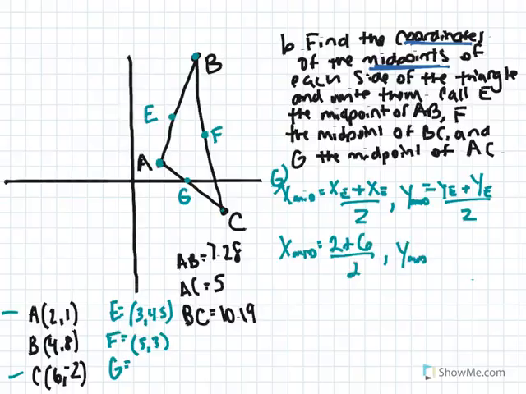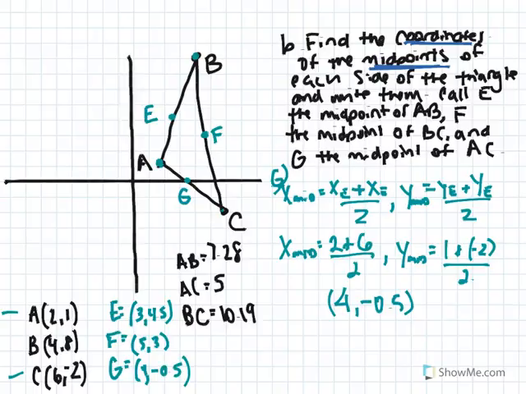Then y midpoint equals y endpoint 1 plus y endpoint negative 2 all over 2. 2 plus 6 over 2 gives me 4. 1 minus 2 over 2 gives me negative 0.5. And this is my coordinate for G. So G is 4, negative 0.5. All right. So we have answered part B, which was find the coordinates of the midpoints of each side of the triangle and write them, which we did.